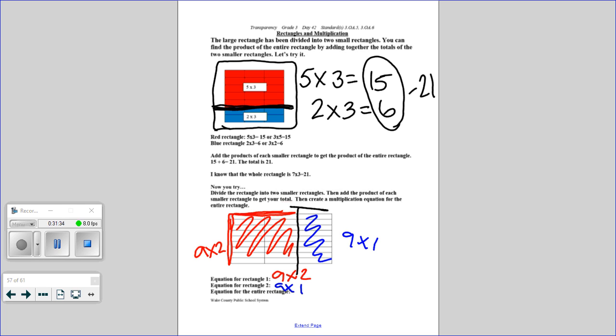If I wanted to know the equation for the entire rectangle, what would it be? Hunter, what do you think? I want the equation. Yep, rows and columns. 9 plus 9 plus 9. What is that as a multiplication? 9 times 3. Good. So my entire equation is 9 times 3.